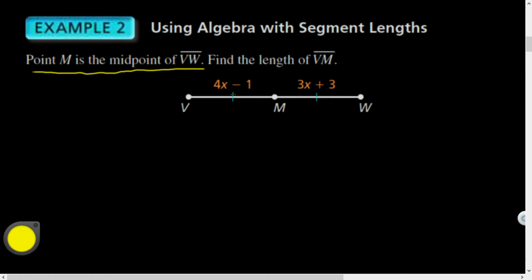Notice they already did. They labeled these two segments congruent. Why are they congruent? Definition of midpoint, right? So label the information that you're reading. And then it says find the length of VM. VM is this one, so that's the length I'm looking for right there.